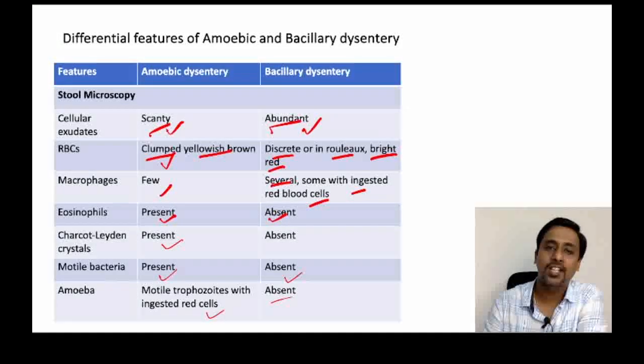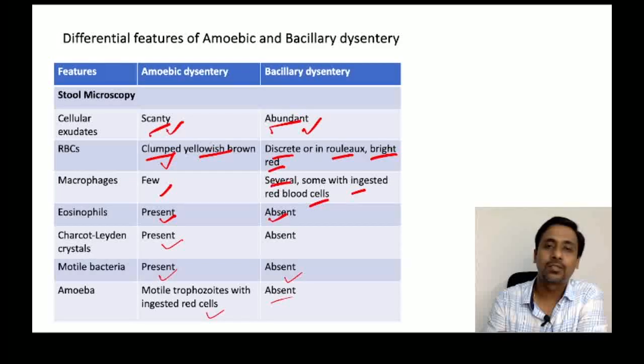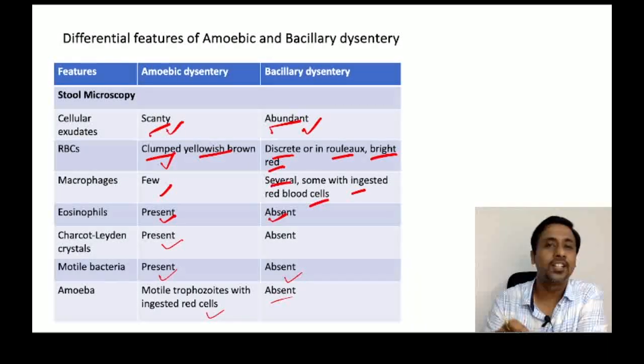Eosinophils, Charcot Leiden crystals and motile bacteria are present in amoebic dysentery because of its high percentage of eosinophils, and the crystals are disintegrated eosinophils. And obviously, amoebae will be present in amoebic dysentery and bacilli in bacillary dysentery.